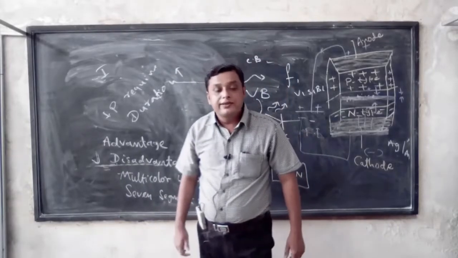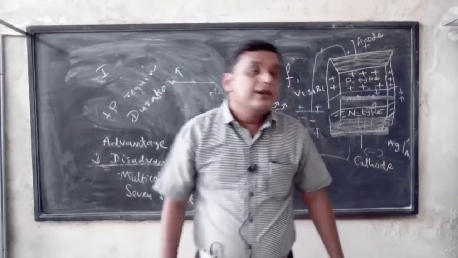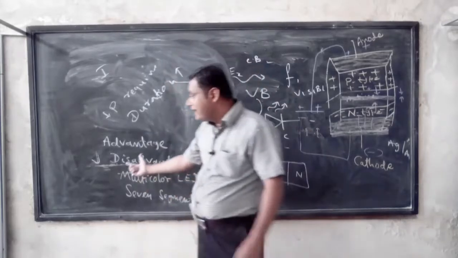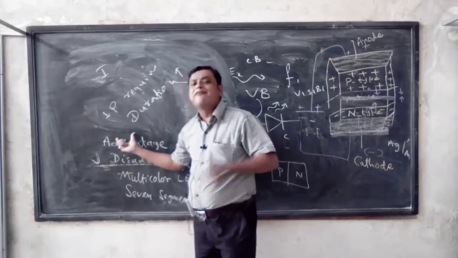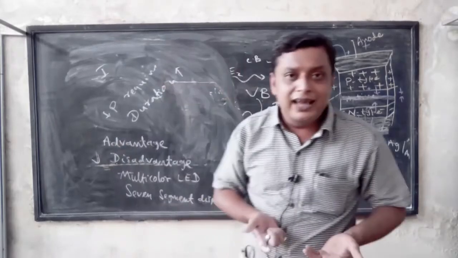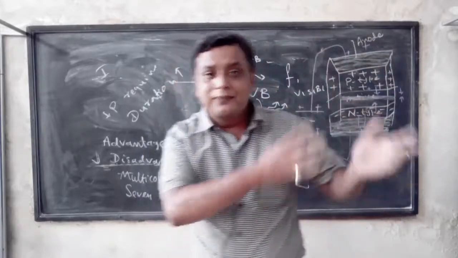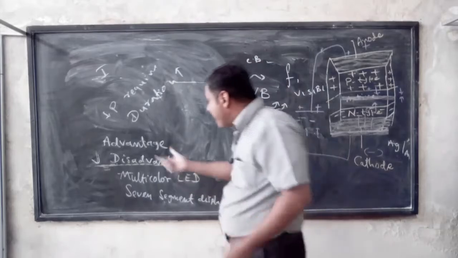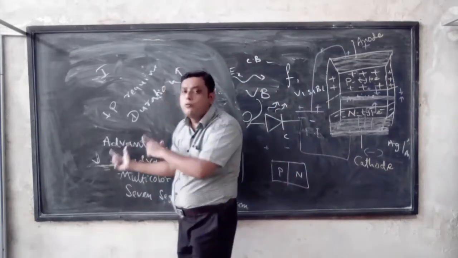Illumination efficiency is also low compared to a tungsten filament bulb. This is also a disadvantage of the light emitting diode. But there are lots of advantages, and that's why in the market and in day-to-day life we observe the presence of the LED in each and every place. So advantages are overcoming the disadvantages.